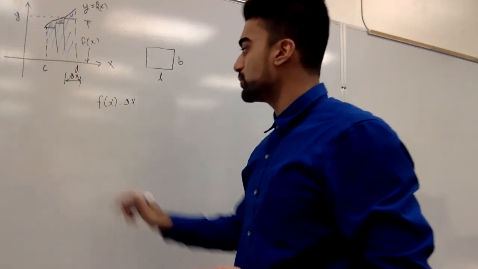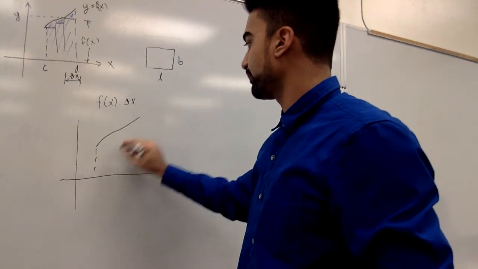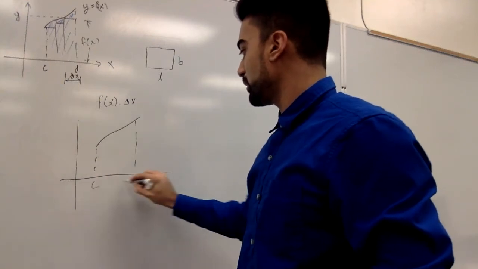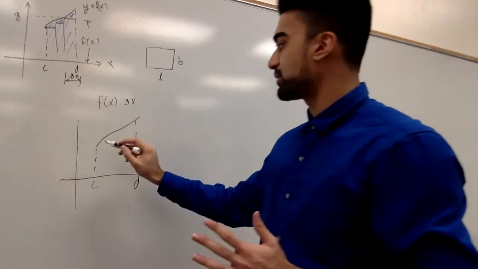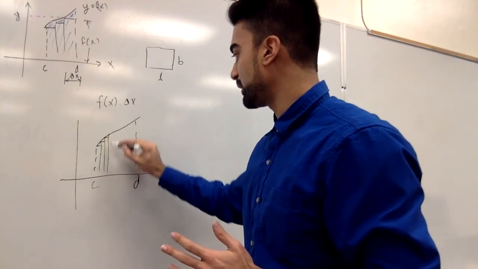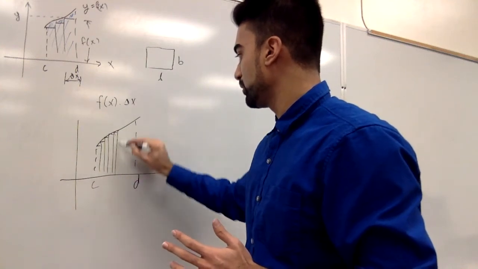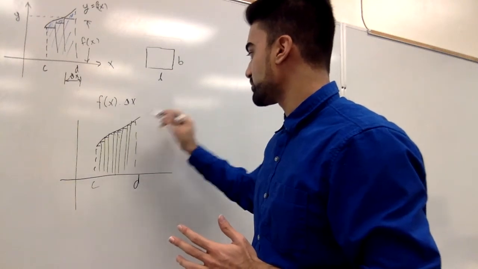So what we want to do is, let me draw another figure right here. Let's actually reduce the thickness of the rectangles. So it's going to look something like that. And forgive my bad drawing skills, right?